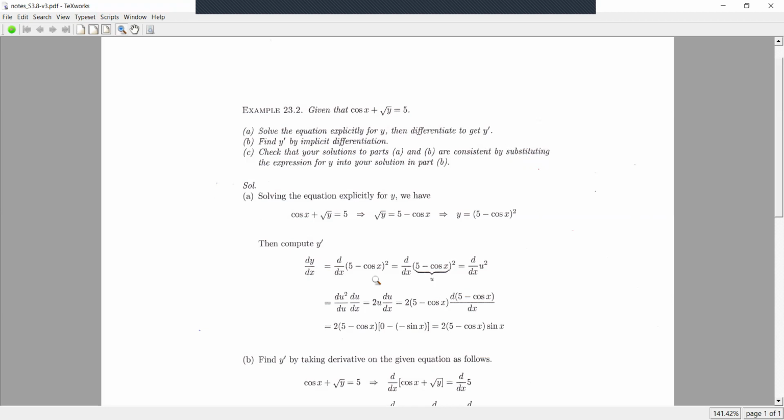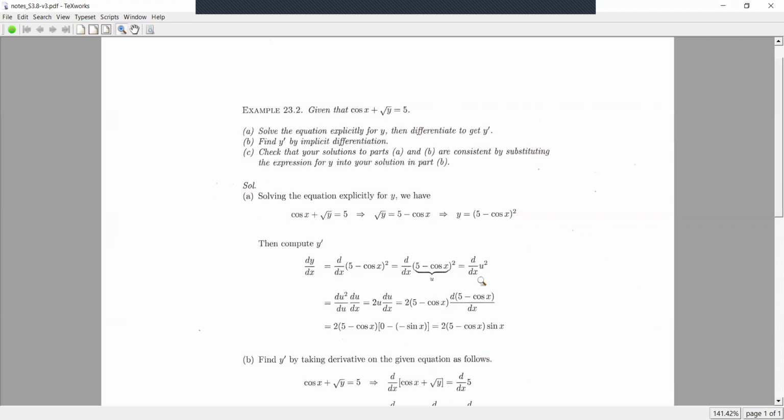But here, let me use the chain rule to compute the derivative. Let u be 5 minus cosine. Then the function becomes u squared. Now, we need to compute this derivative. In this derivative, u and x are different.